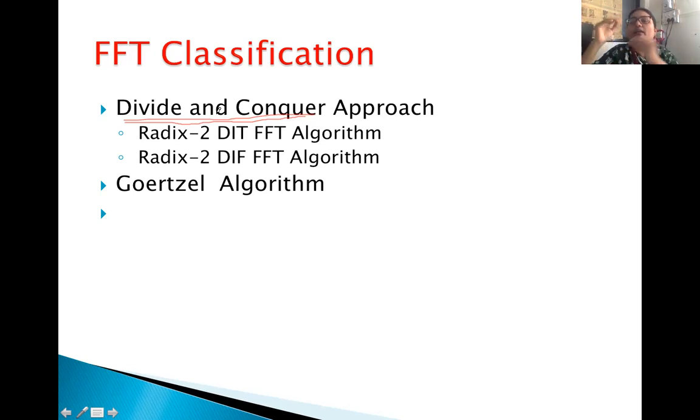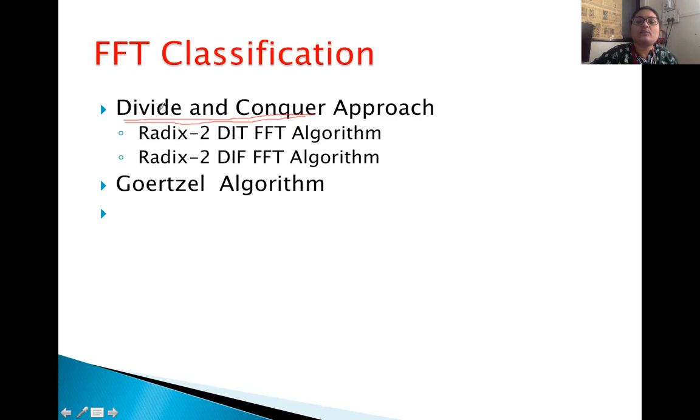So divide and conquer: divide the sequence and then treat the parts separately, like what we did in linear convolution. In the same manner we will do it here, but there we applied it for the convolution operation. Here we will be applying it for the discrete Fourier transform computation. So this approach is called the divide and conquer approach.